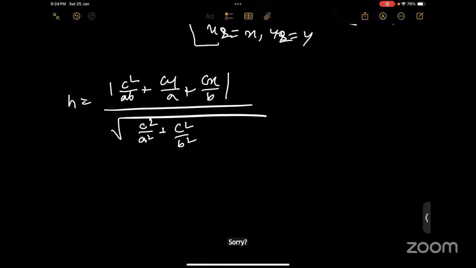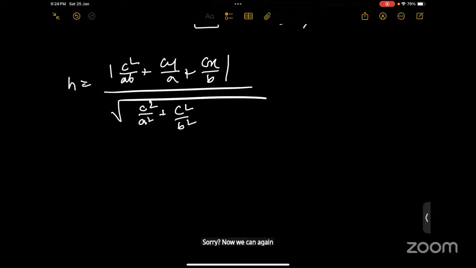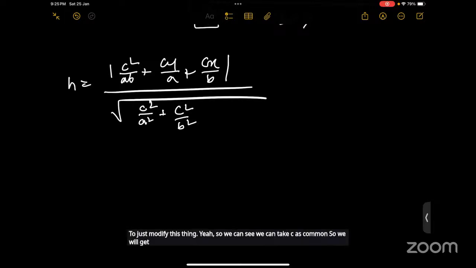Okay. Now we can modify this thing again, right? So what can we do now? Anyone? Cancel out C. Yeah, so we can take C as common. What will we get if I take C as common?